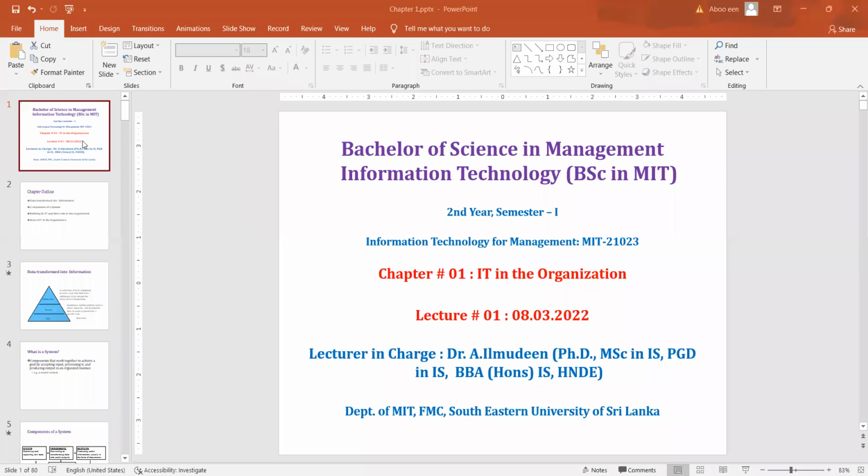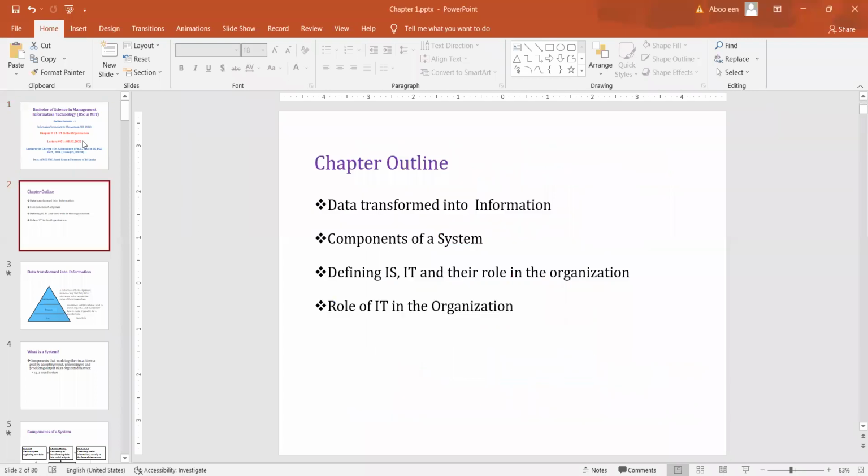In this chapter number 1, we are going to discuss how information technology is supporting organizations, what roles IT plays in the organization, the importance of IT in the organizations, and how IT is enabling business objectives.